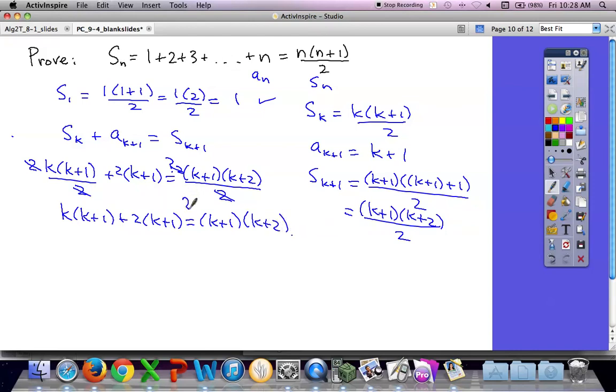Again, that's still a question mark. Let's work on the left. Distribute: k squared plus k plus 2k plus 2. Combine like terms: k squared plus 3k plus 2.